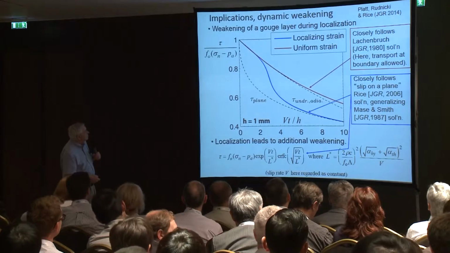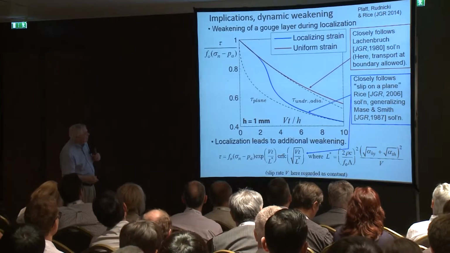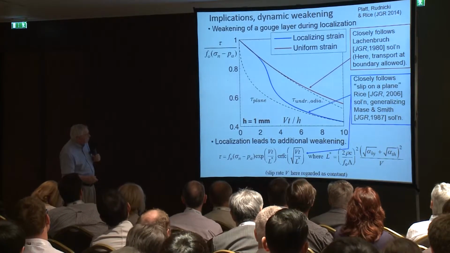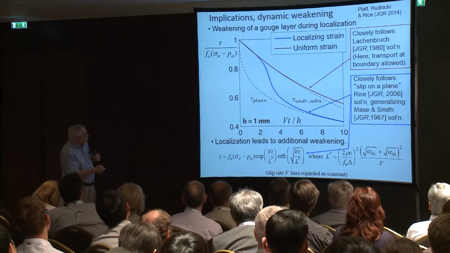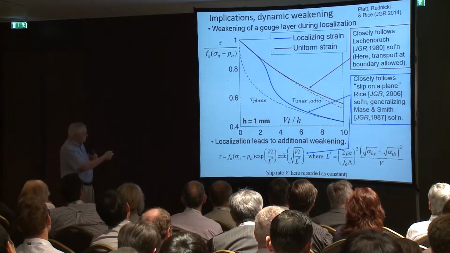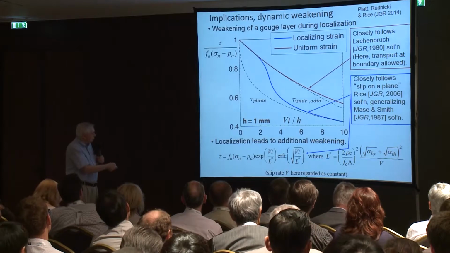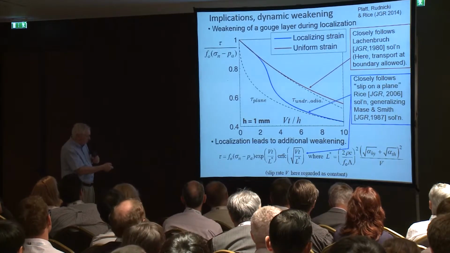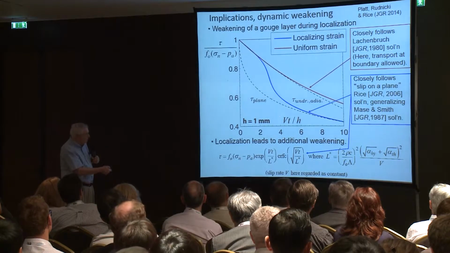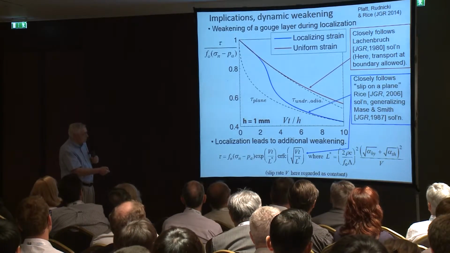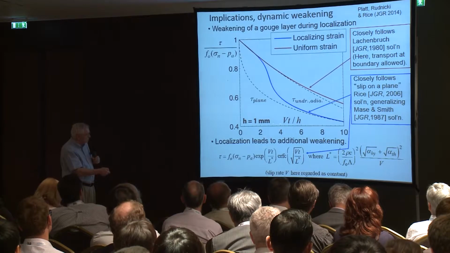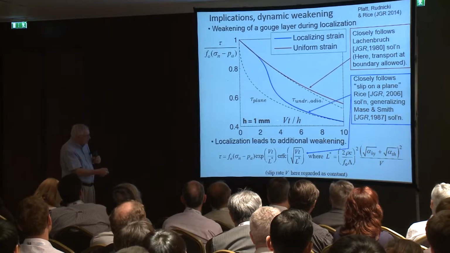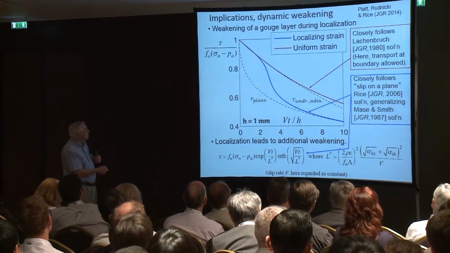Here's another study of that. So what is plotted here? Here's the shear strength supported by the fault versus the amount of slip, which is written as the sliding velocity times time divided by the thickness of the layer. So it's kind of a measure of average shear strain in the layer.